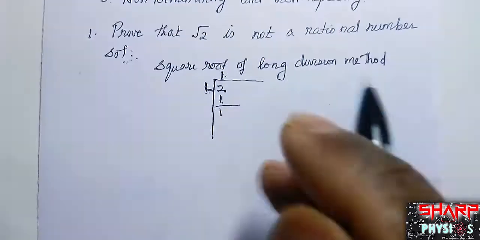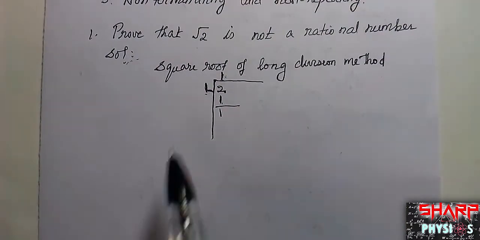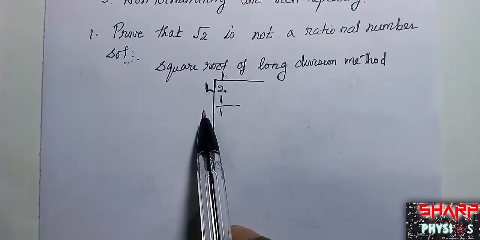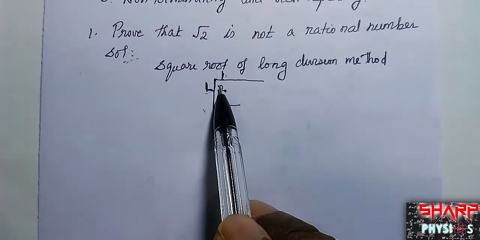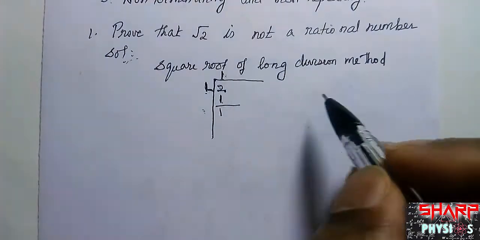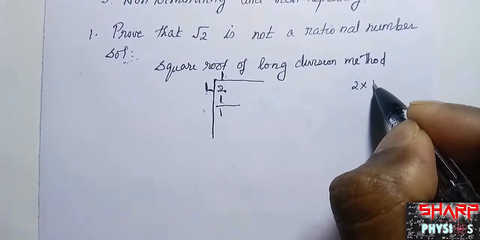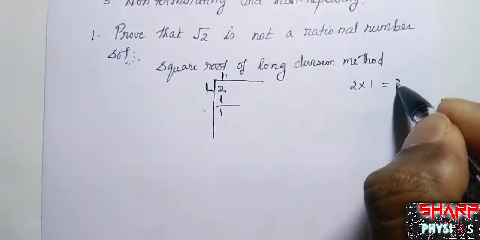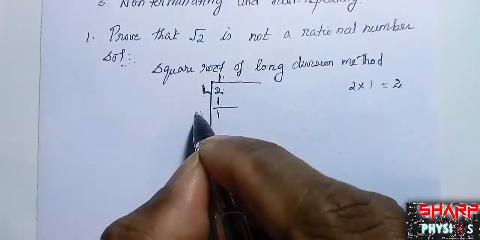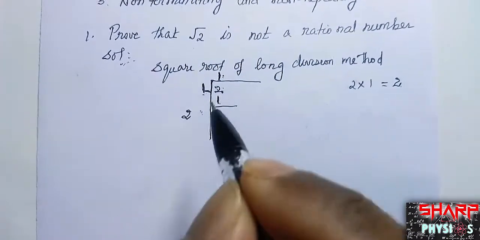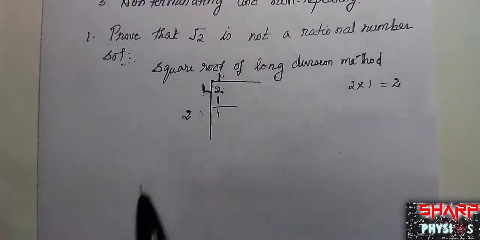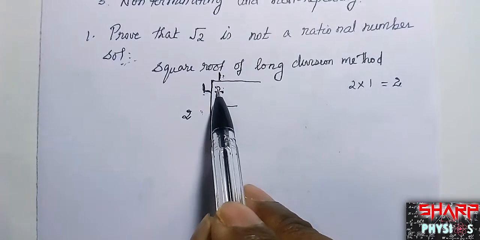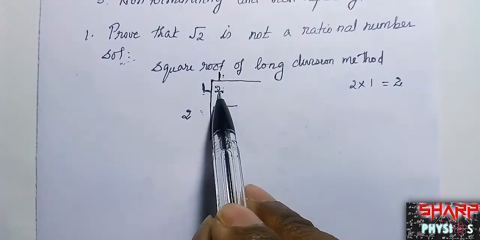Now you have to write here the next divisor. So 2 into 1. This 2 will be multiplied with this 1, and you get 2. And that 2, you have to write it here. Listen carefully: 2 into 1.